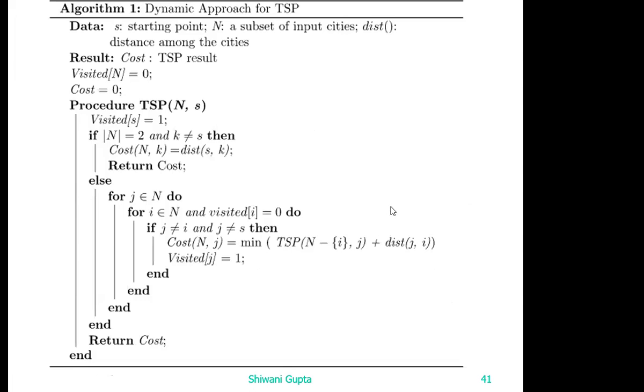What complexity did we say for brute force? When we solve TSP by brute force, the time taken is n factorial. Through dynamic programming we are trying to reduce this time from n factorial to n times 2 to the power n.